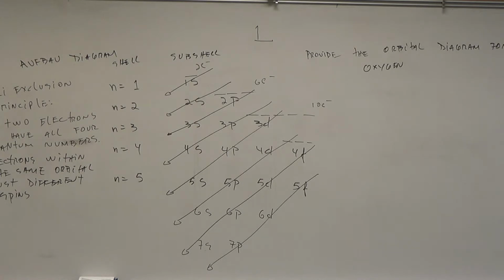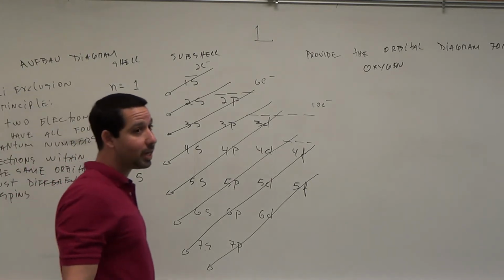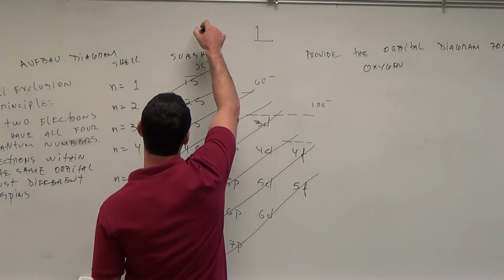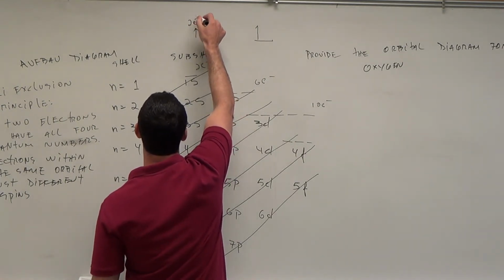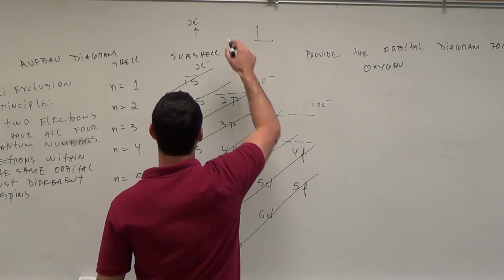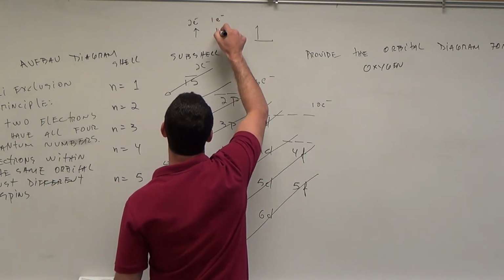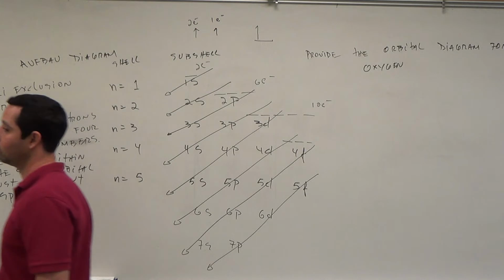That's called a half-headed arrow. Got it? You can't just put a regular arrow? No, I cannot put a regular arrow because a regular arrow is reserved for two electrons, at least in organic chemistry, and one electron is like that.